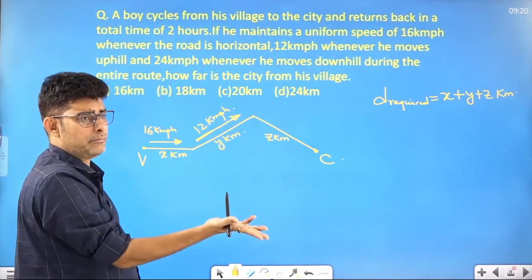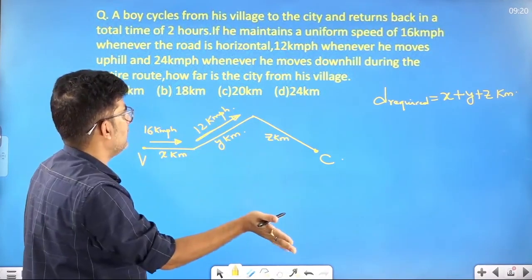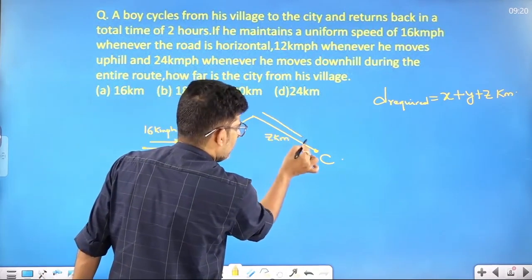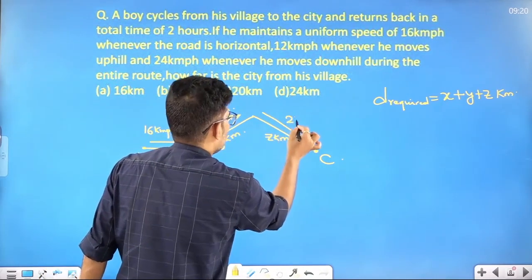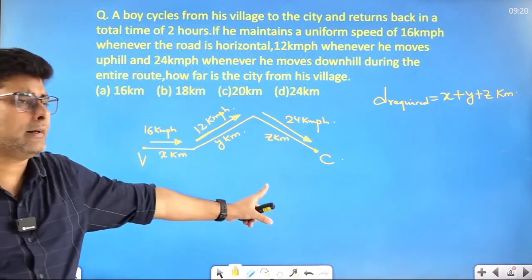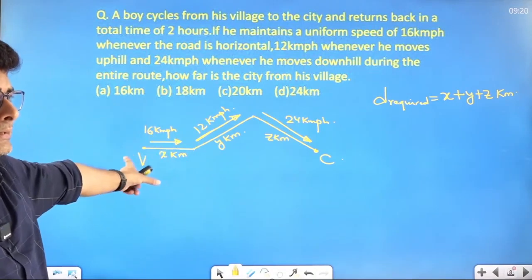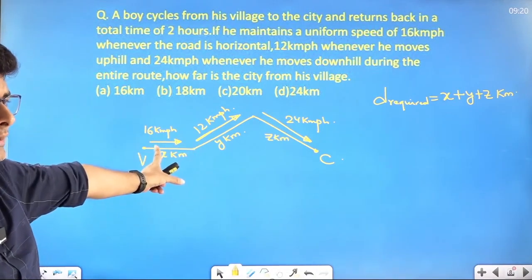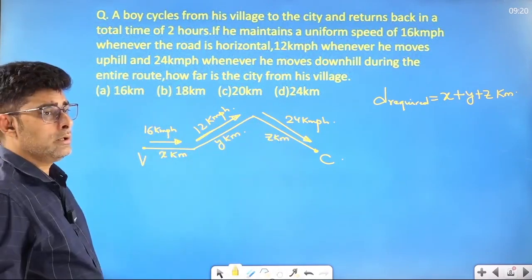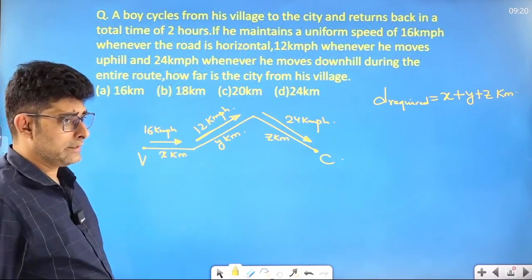Diagram is only required. Rest everything you can very easily get. Let's see how. When you are coming downhill, your speed has become 24 km per hour. Please just reply fast. Did you understand this? The diagram I had drawn. I hope you all agree to this. Now this is the journey only from village to city. Okay. Now let's see the returning journey.